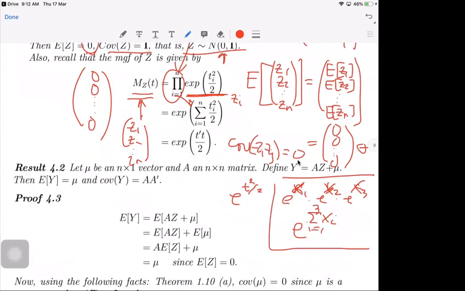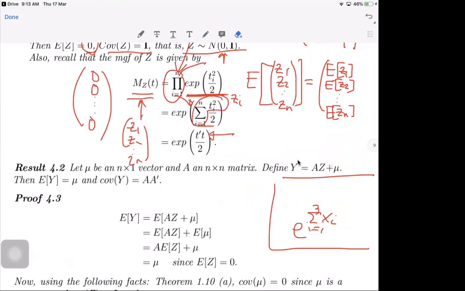So when you get the product here, that will just be equal to e to the sum of the ti squared over 2, i from 1 to n in general. But the summation of ti squared can be written in vector notation as t prime t.